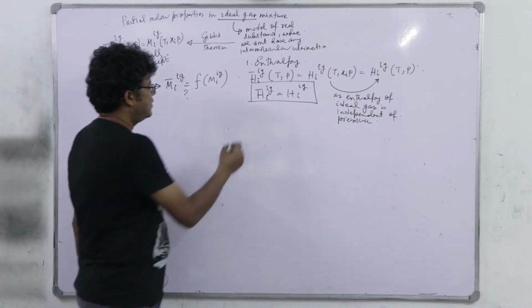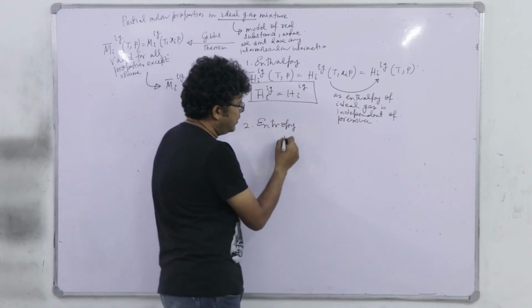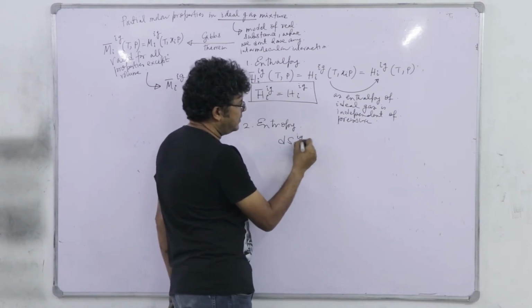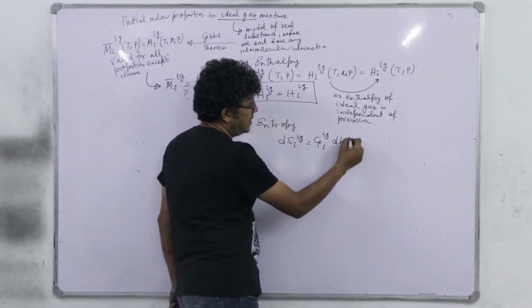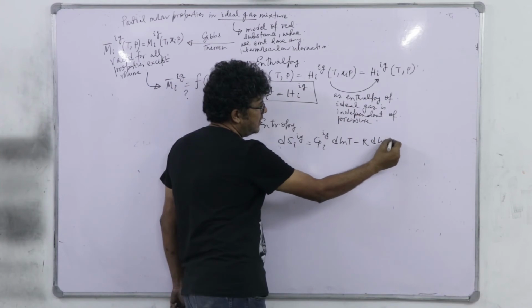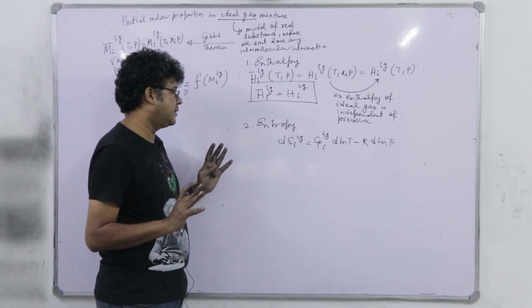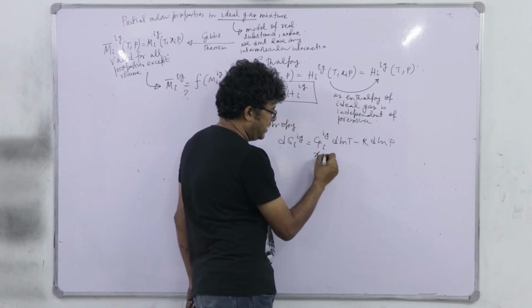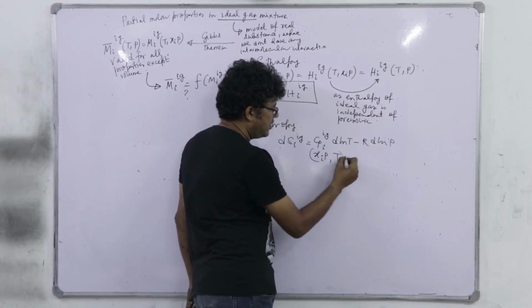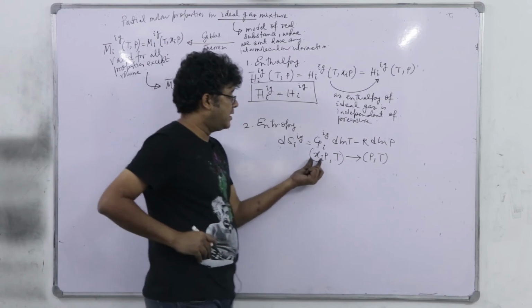The second, we will discuss about entropy. We know, you see, that for any pure species dSi Ig equals Cpi Ig dln T minus R dln P. It is a pure species, it is not for a mixture, right. Now, we will integrate this equation from a state xi P, T to a state P, T, but it is not a mixture, it is a pure species, right.